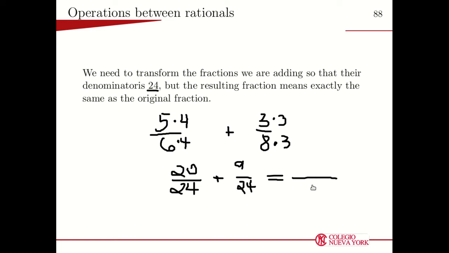The denominator stays the same, and the numerator becomes 20 plus 9, which is 29. Remember to always simplify whenever you can. In this case, you can't simplify any further, so our final answer is 29 over 24.